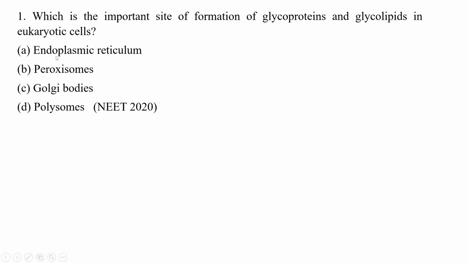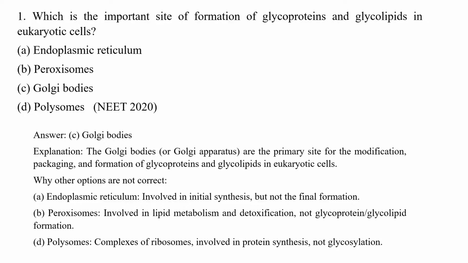So first option, endoplasmic reticulum. Option B, peroxisomes. Golgi bodies and polysomes. So the correct answer for this question will definitely be the Golgi bodies, because the Golgi bodies are the primary site for modification, packaging and formation of glycoproteins and glycolipids in eukaryotic cells.